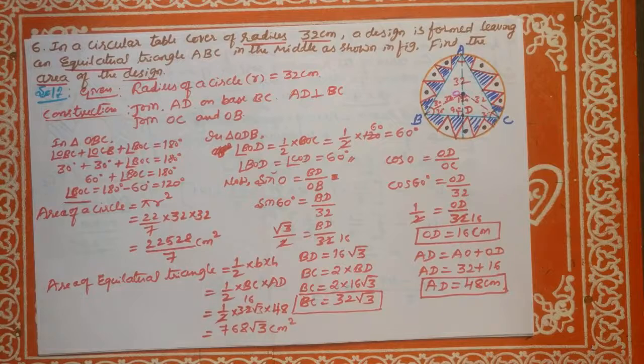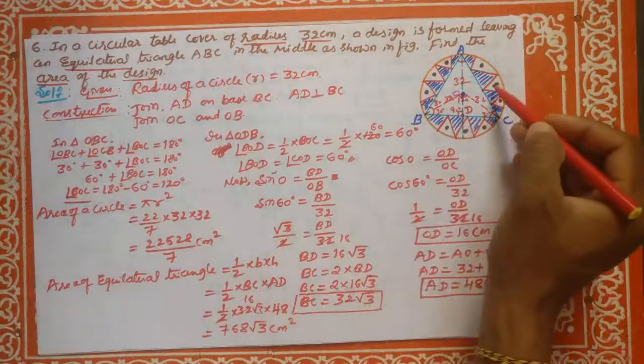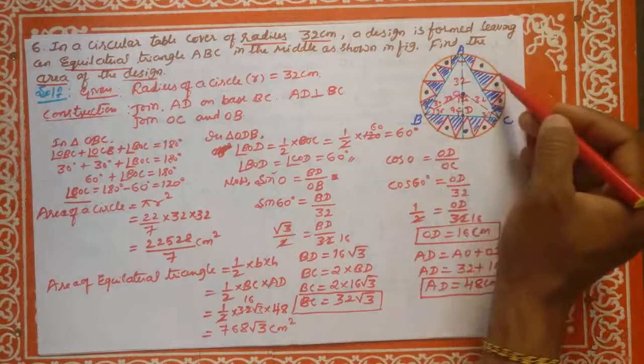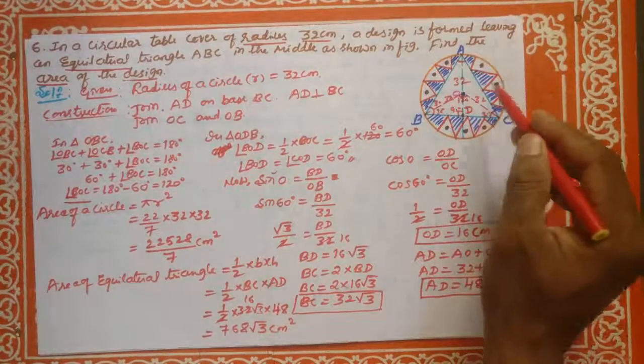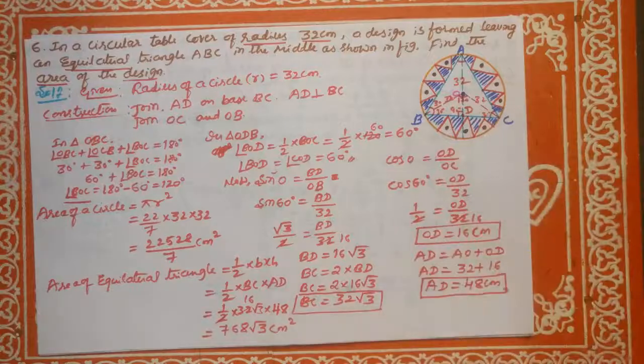Now it is very easy to find the area of the design. Area of the design is equal to area of a circle minus area of an equilateral triangle. Got it?